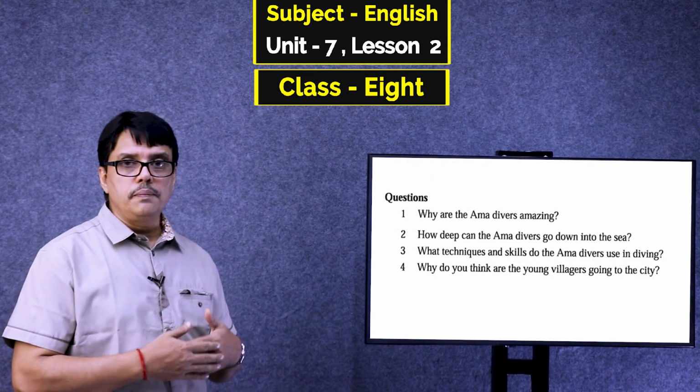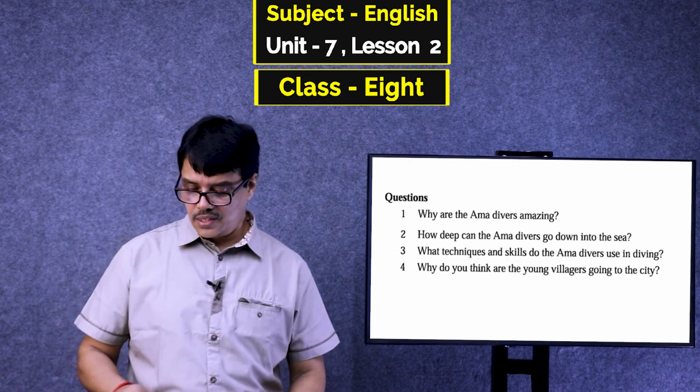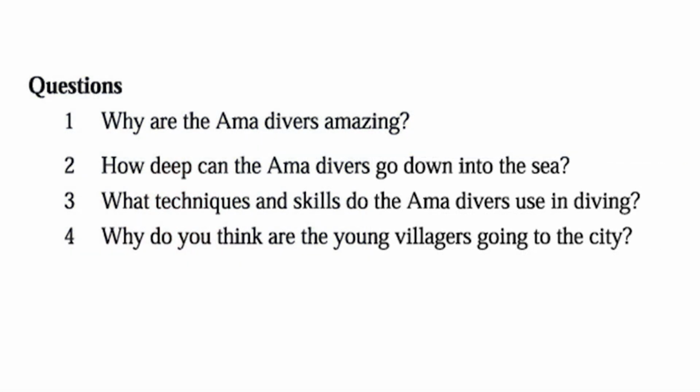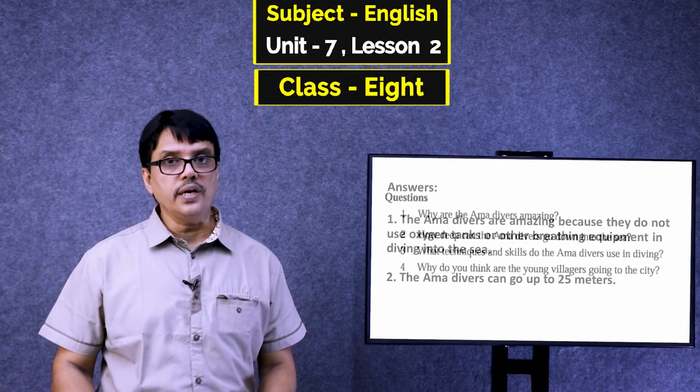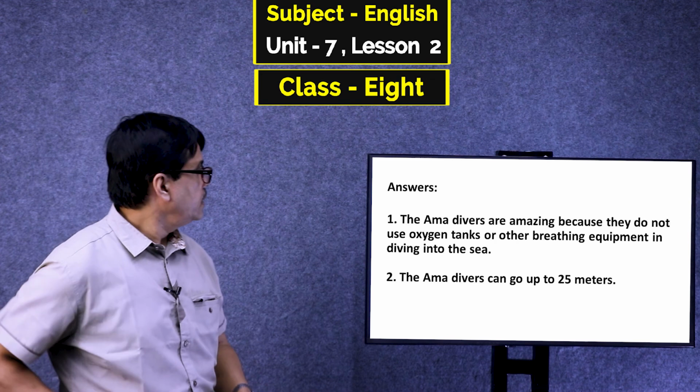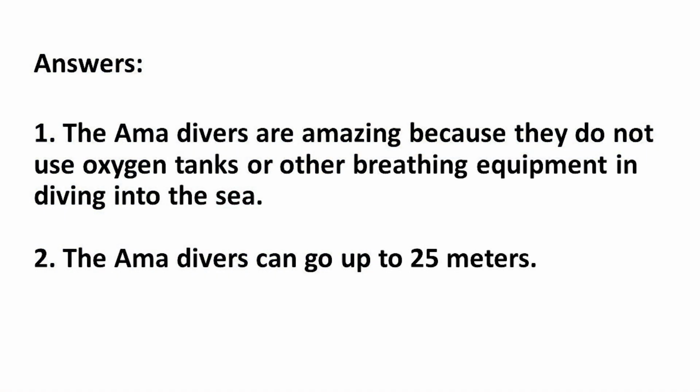My students, now we'll practice with some questions. You see, first question. Why are the Amar divers amazing? You can write the answer from here. The Amar divers are amazing because they do not use oxygen tanks or other breathing equipment in diving into the sea.